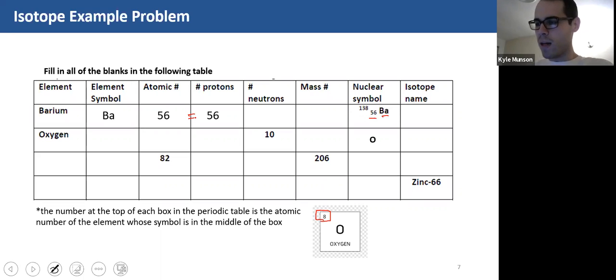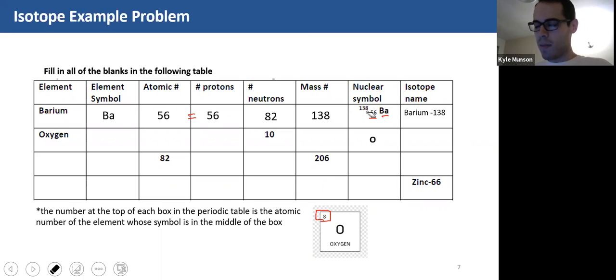The number of neutrons is 138 minus 56, right? So when you plug that in your calculator, 82, I think. I'm pretty sure my math is right here. Okay, so its mass number, well, that's on the top of the nuclear symbol here. So when we do that, it's 138. Okay, and then its isotope name is going to be its element name followed by its mass number, barium 138.